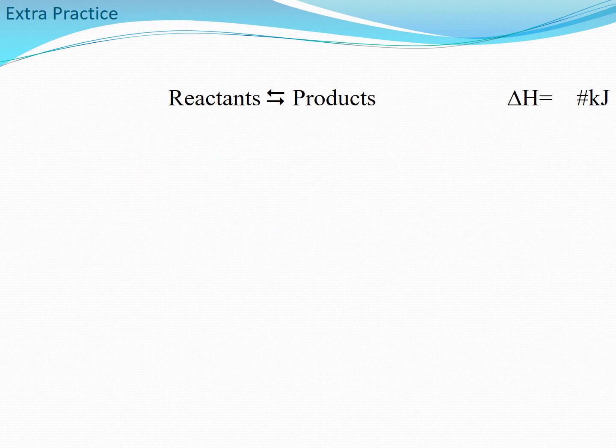I would be remiss if I did not mention this before you go on to the assignment, for this will appear in the assignment. It will probably appear on the unit test, maybe the final, probably on a quiz. The delta H. If I'm given the reaction and the delta H value is given separately, remember from last year, a positive delta H value means the reaction is endothermic, which means heat is entering the reaction.